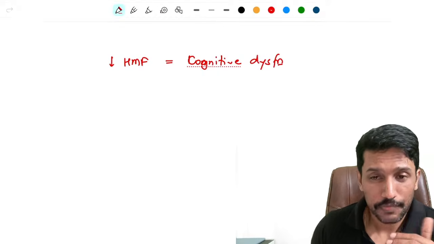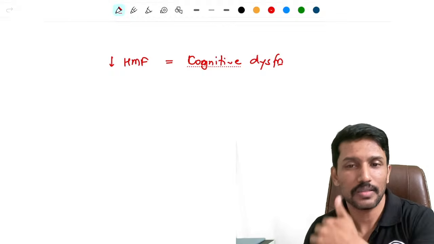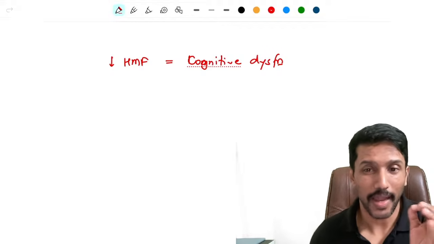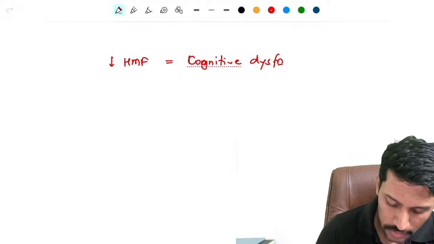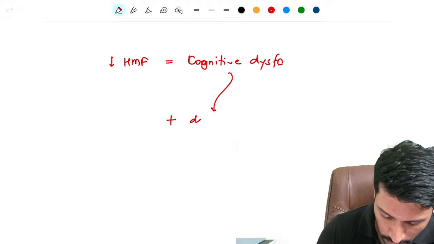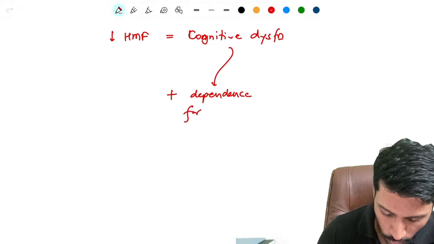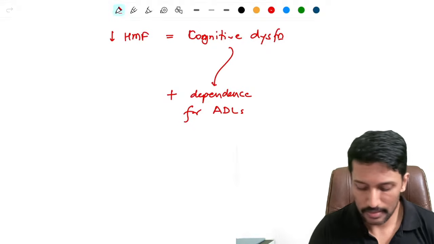And if the cognitive dysfunction is severe enough, making an individual become dependent on a second or a third person to carry out his day-to-day activities of living, then we call it dementia. So if there is cognitive dysfunction, and in addition to that, I have dependence on others for activities of daily living, then we call it dementia.